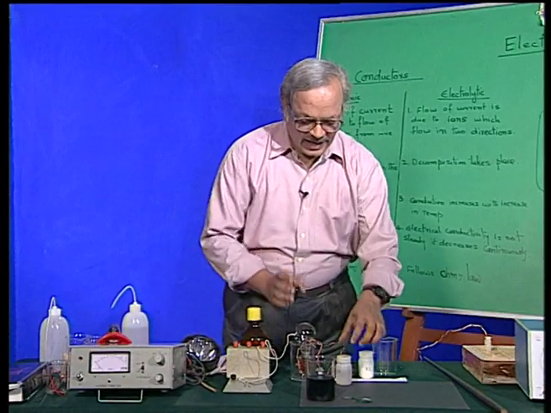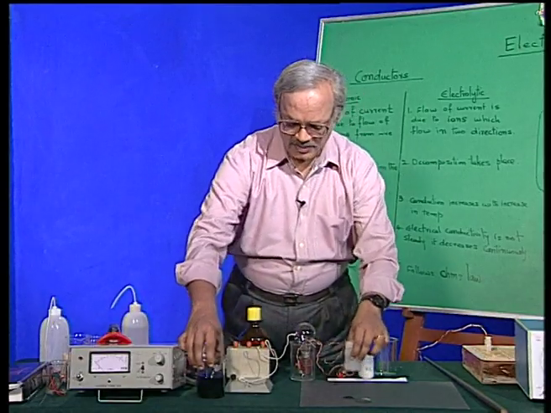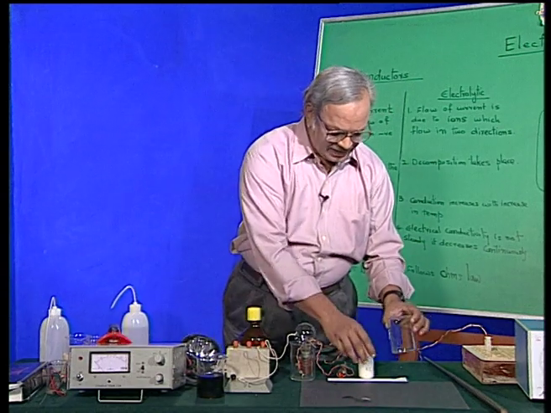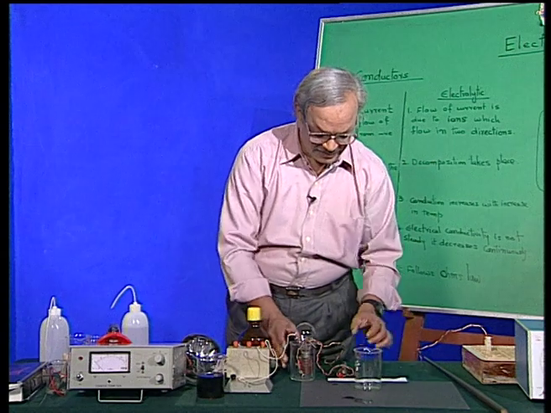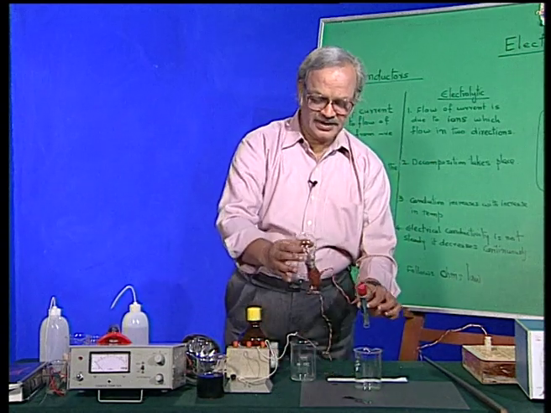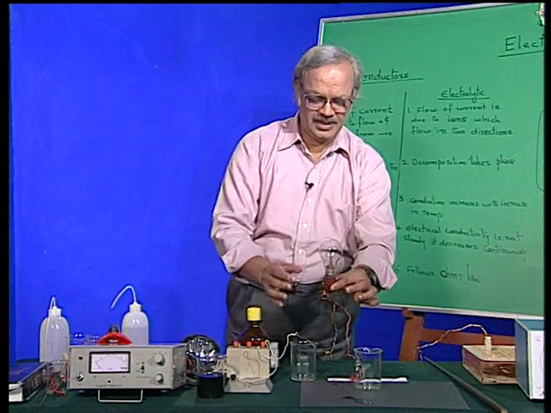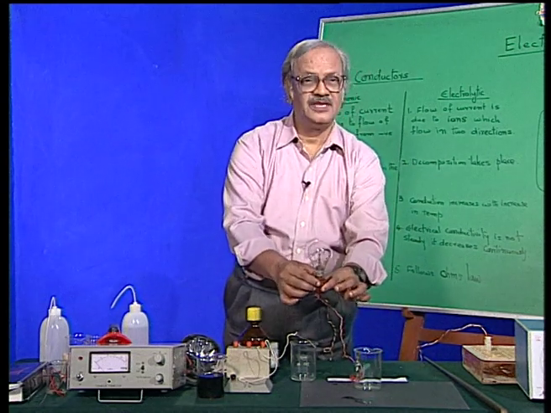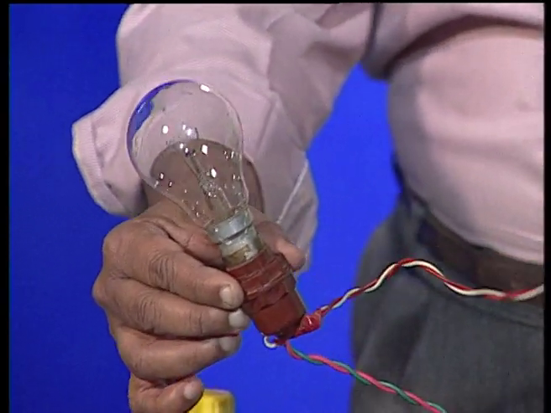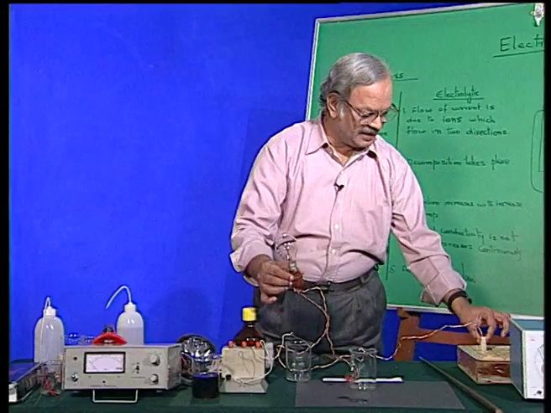Okay. I have a different experiment now. I want you to see this also carefully, because this is one of the very simple experiments which can be easily performed in a classroom setup. I have an ordinary bulb here, and I have arranged it in such a manner that there is a contact which I am directly connecting to the mains.